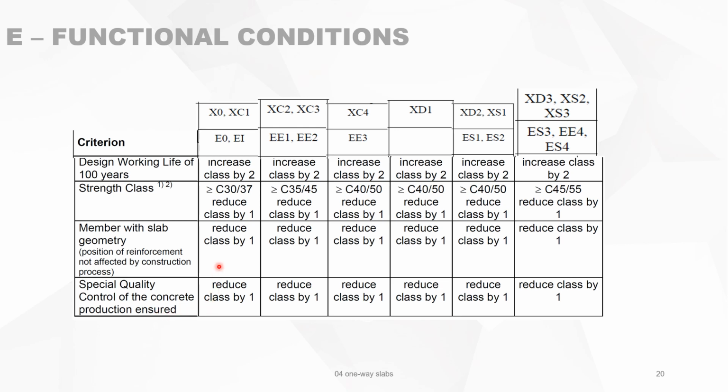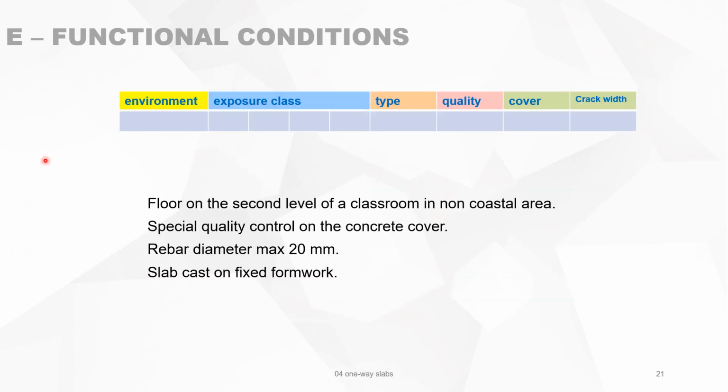On the other side, when you want to design an office slab and you want to do it not for 50 years, but for 100 years, then you have to increase the class by 2. This is an example of how you can specify the concrete.